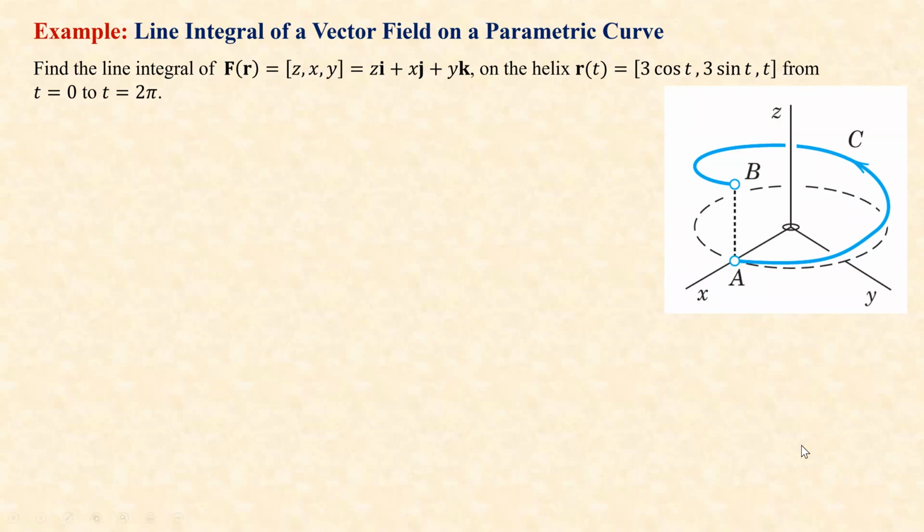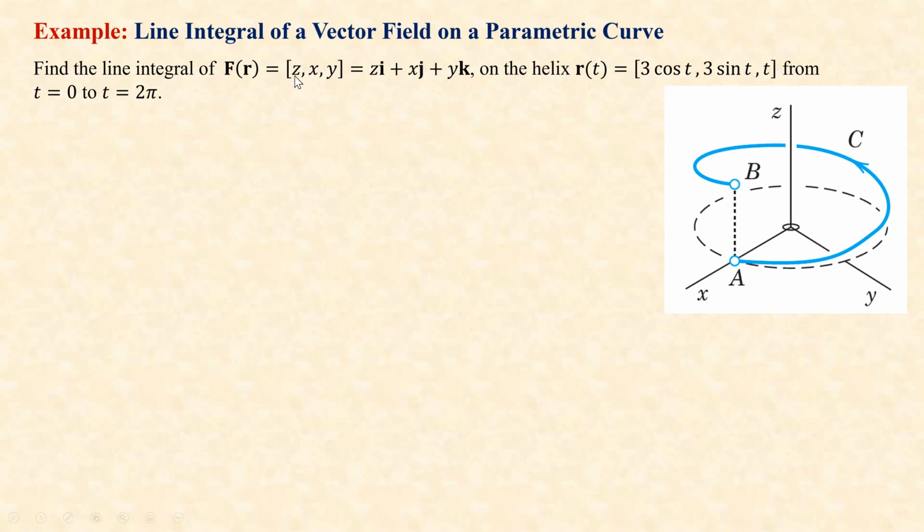Mathematically, you can sometimes just do a line integral without any physical meaning, on a curve. Like this helix, which goes from A to B along this helical path that is parameterized with parameter t. And F is given by this.